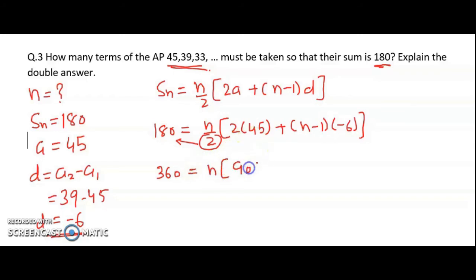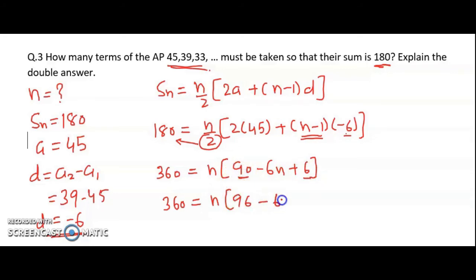45 multiplied by 2 is 90, and here this minus 6 will multiply with this bracket, so it becomes minus 6n, and minus minus plus 6. So here we get 360 equal to n, and 90 plus 6, it will be 96 minus 6n.